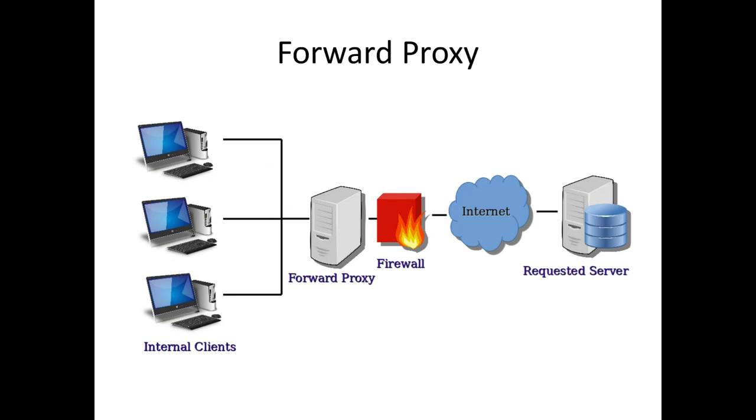A typical forwarding proxy setup will look something like this. The access rules are implemented at an application level in the forwarding proxy itself, and they are usually based either at socket or HTTPS/HTTP level.